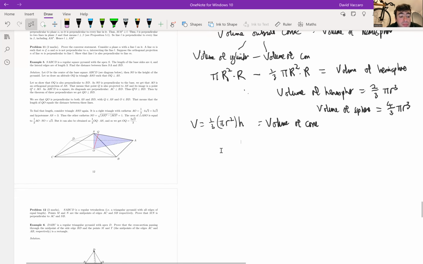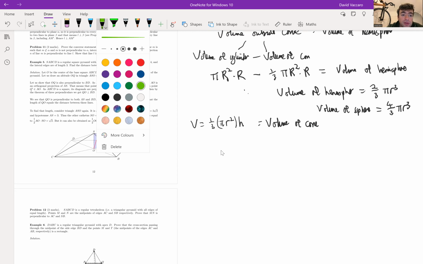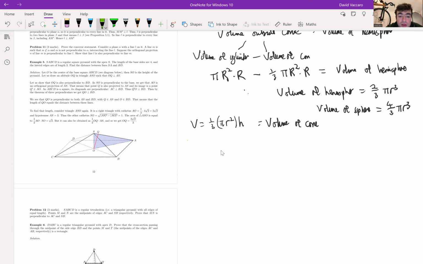Well, a cone is a special type of pyramid. Okay, so the volume of a cone, the result comes from, the formula is a special case of the volume of a pyramid.